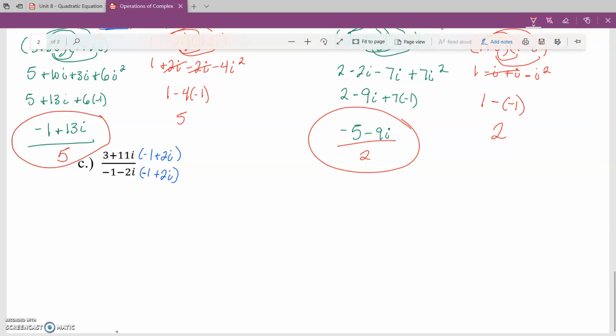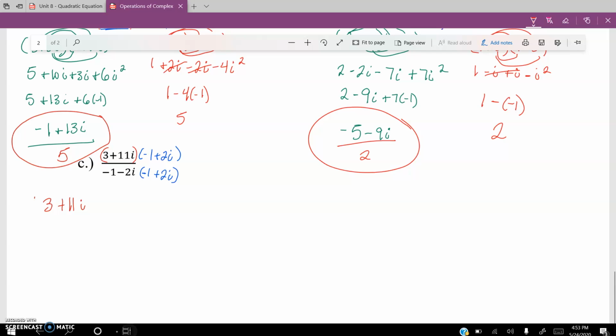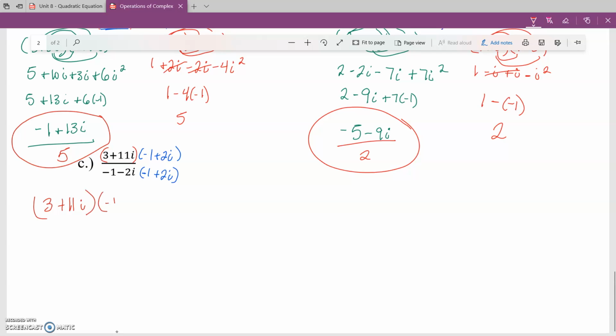Let's do our top in red. 3 plus 11i times negative 1 plus 2i. Negative 3 plus 6i minus 11i plus 22i squared.